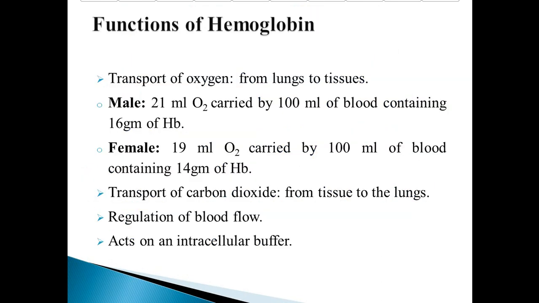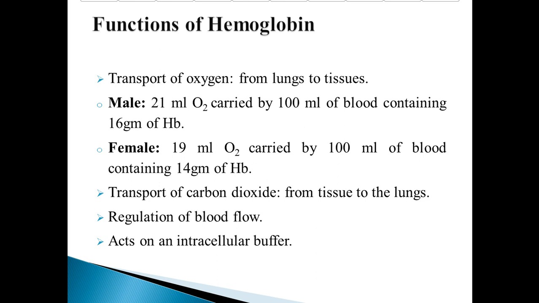Functions of hemoglobin: transport of oxygen from lungs to tissues. In males, 21 ml of oxygen is carried by 100 ml of blood containing 16 gram of hemoglobin, while in females 19 ml of oxygen is carried by 100 ml of blood containing 14 grams of hemoglobin.